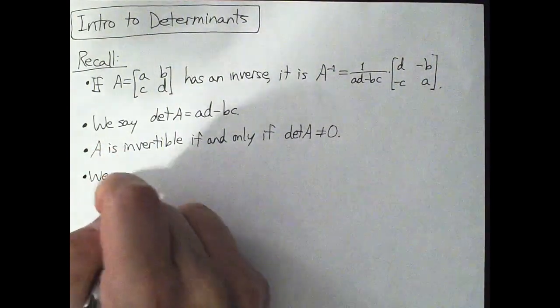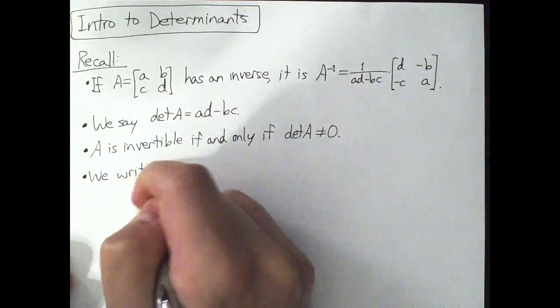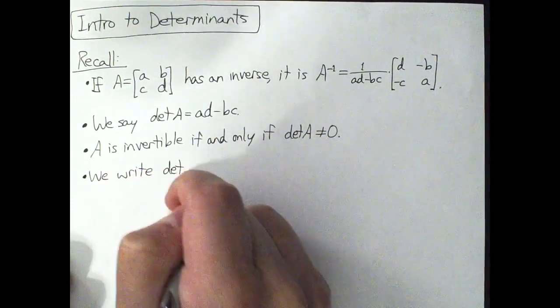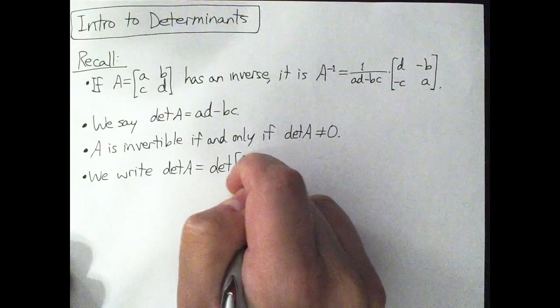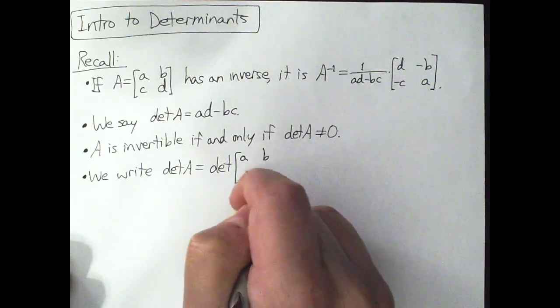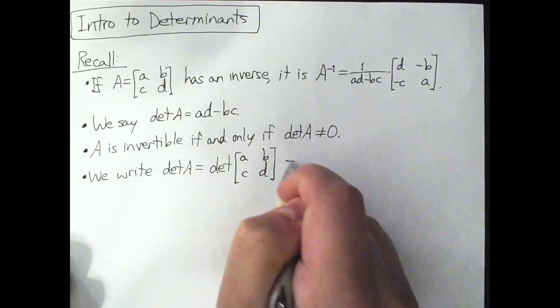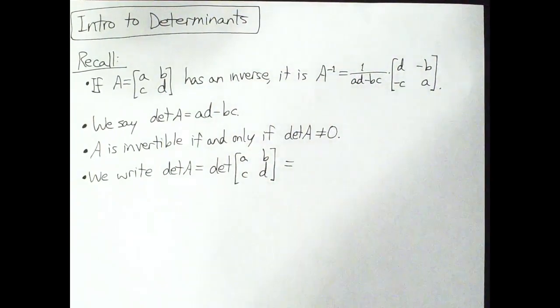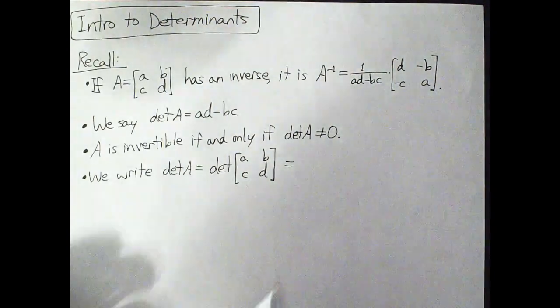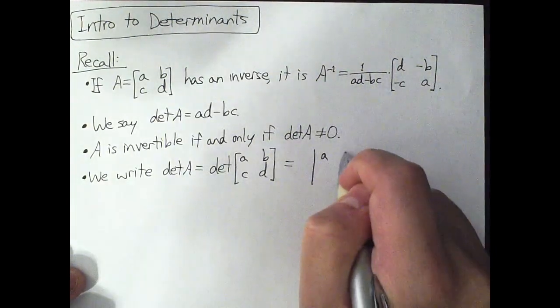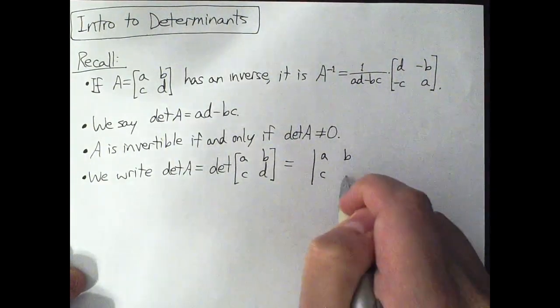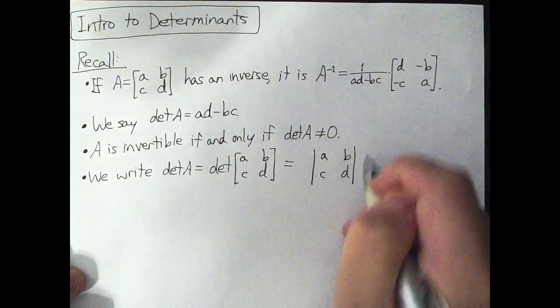We had some notation about determinants. We write the determinant of A as, you could say determinant and then just write the matrix. That's one way you could write it. Or another way is, remember we had this notation with straight bars instead of the square brackets that we usually put around a matrix?